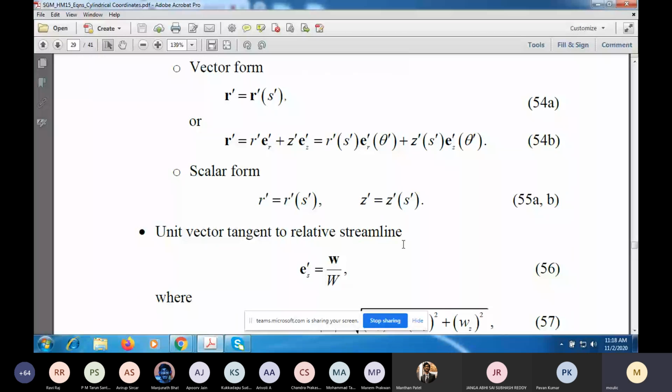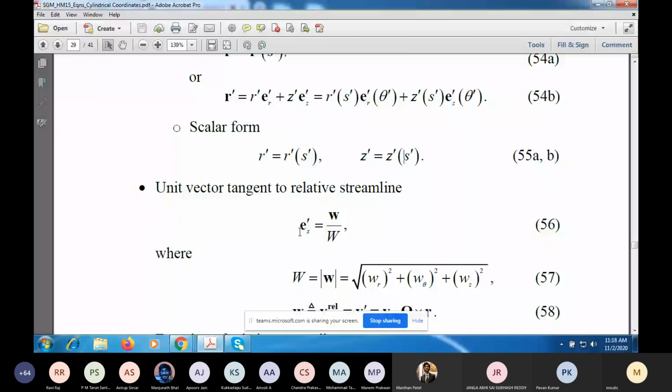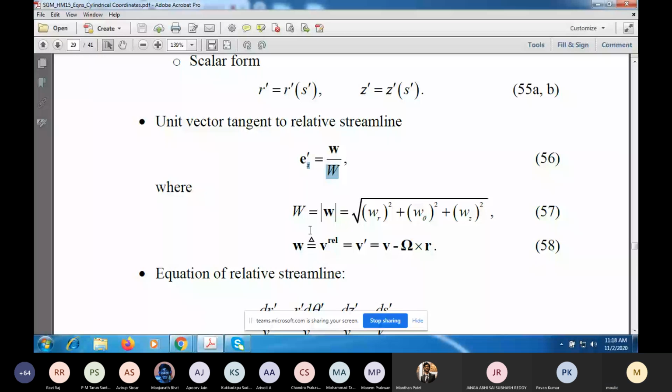Now if I say e_s prime is a unit vector tangent to the streamline, the streamline is a curve such that at each point the tangent is in the direction of the relative velocity. Relative velocity is w. To make it a unit vector, I divide it by the magnitude, which I am calling capital W. So don't confuse this W with work.